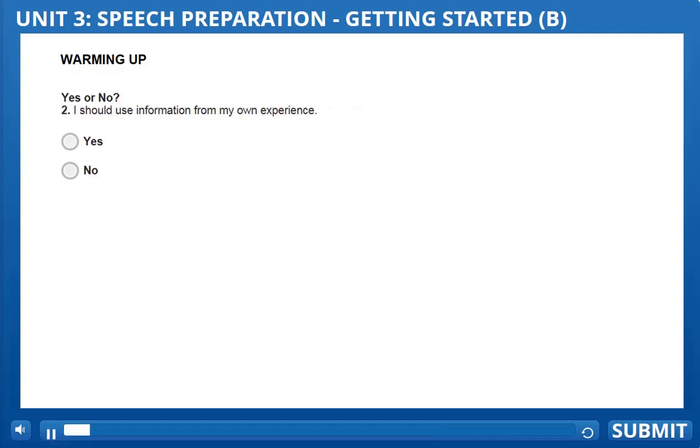The second, I should use the information from my own experience. Number three, I should trust the information from online newspaper and magazines. And last, I should use a variety of ways to support my points.